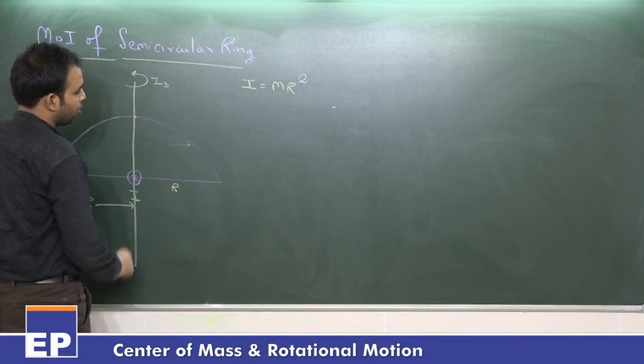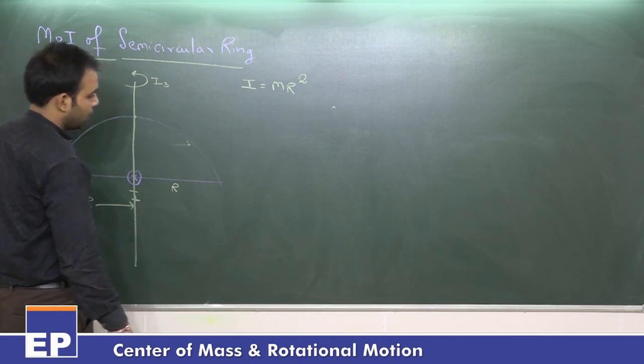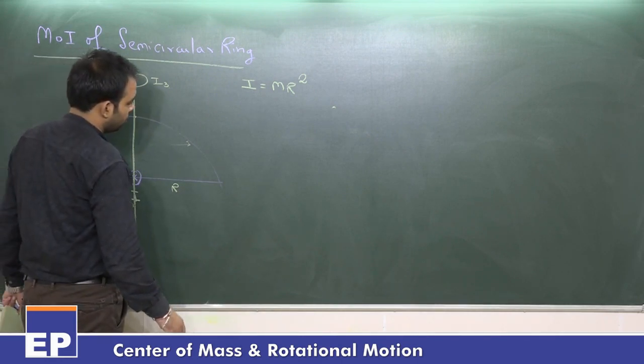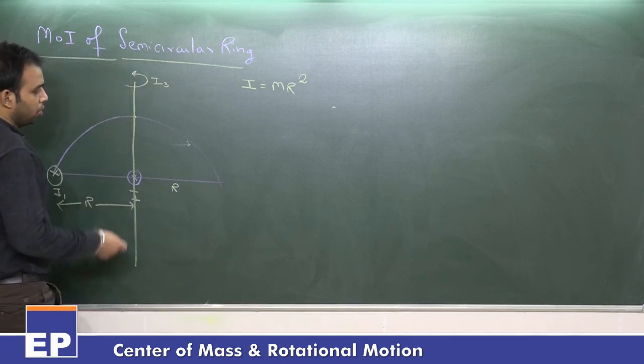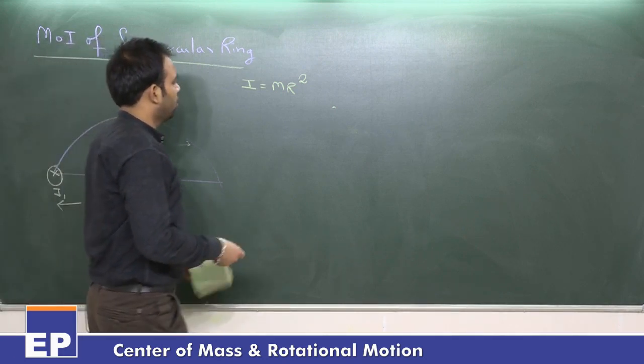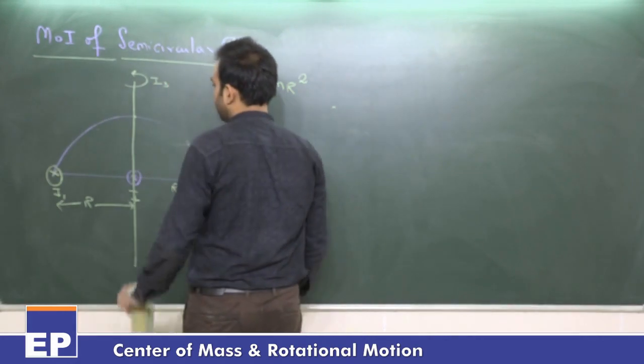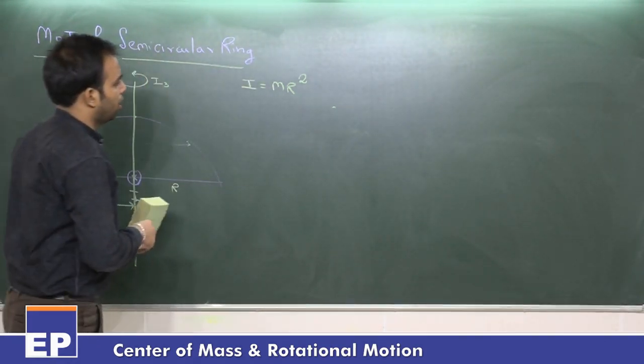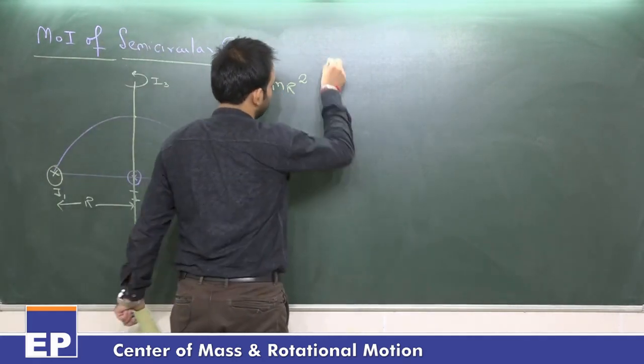And how it is changing, that we have to write, and then we have to integrate that. So we are leaving it. I3 is simply, you can write I is equal to that much, and I1 I am leaving it. So you can learn I, mr square.